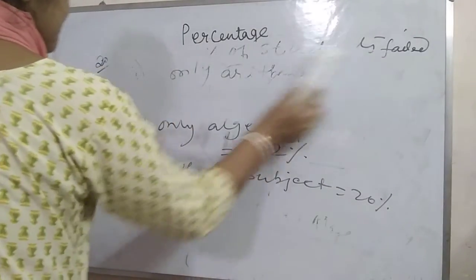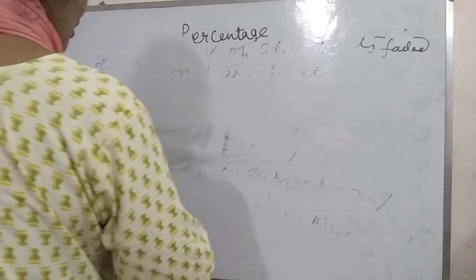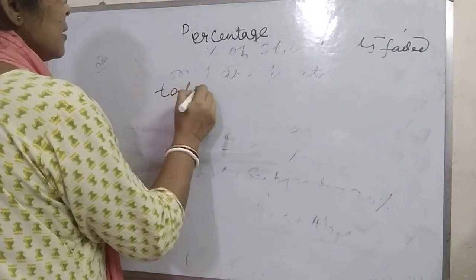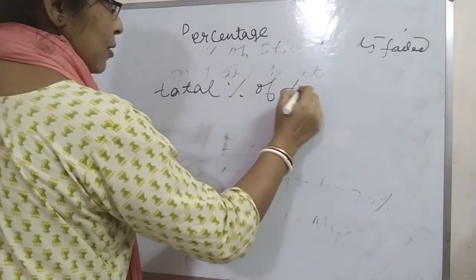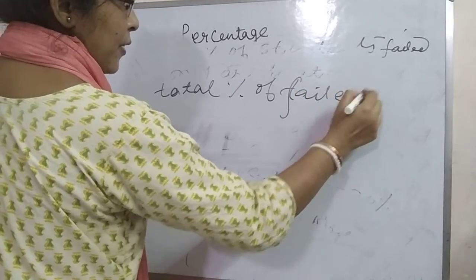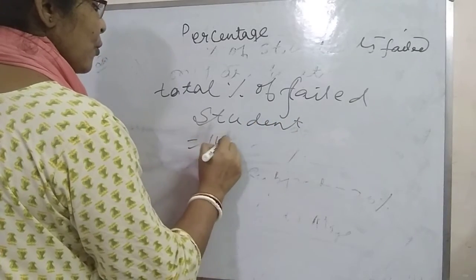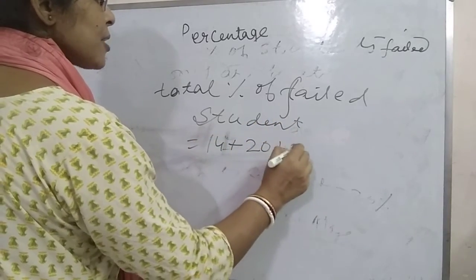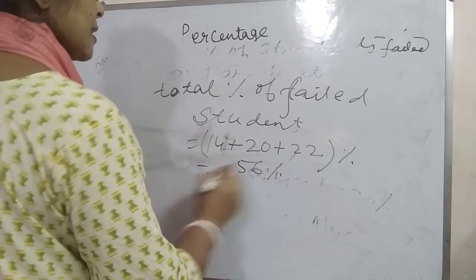That means the total percentage of failed students equal to 14 plus 20 plus 22, that is equal to 56%.